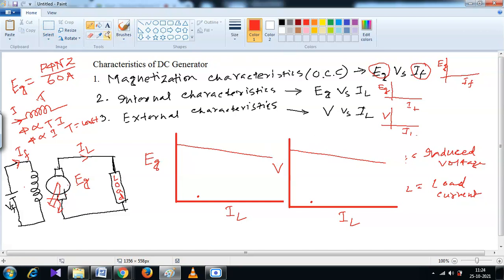What is the name of that characteristic? External characteristics.